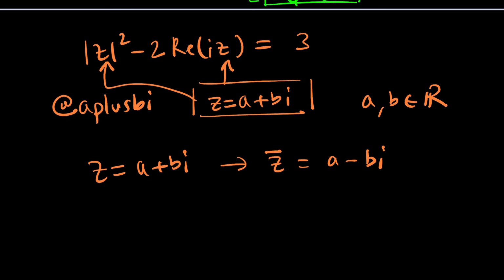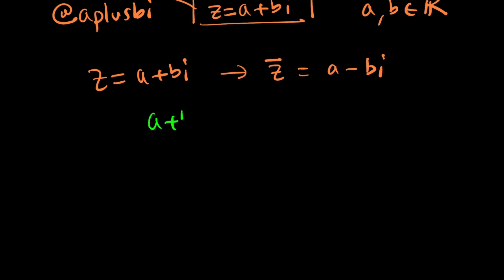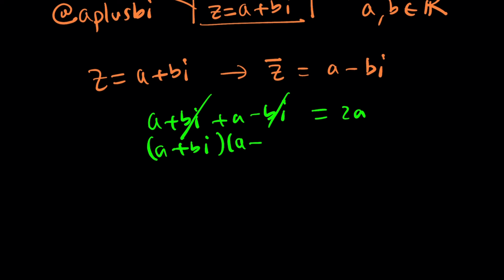Well, if you take these two things and add them, the imaginary parts cancel out and you get a real number. What if you multiply them? Again, you get something like this, which is another real number. So if you take a complex number and its complex conjugate, add them or multiply them, you always get a real number. In that sense, the complex conjugate is unique.